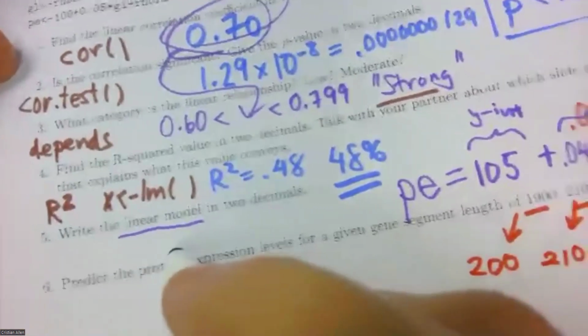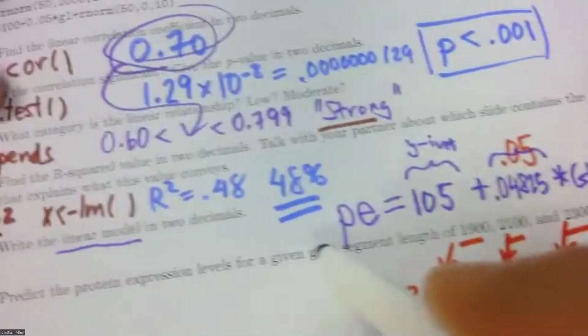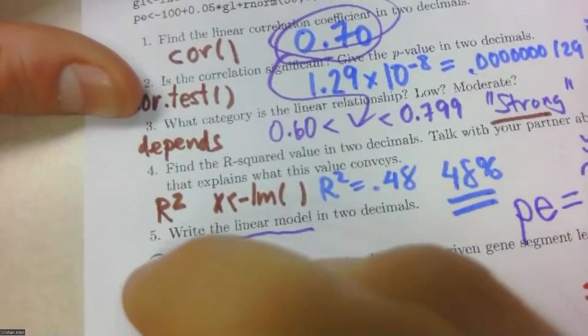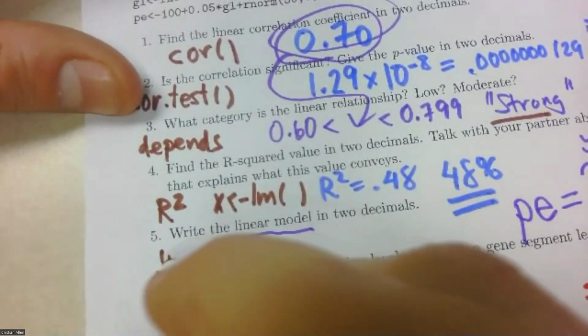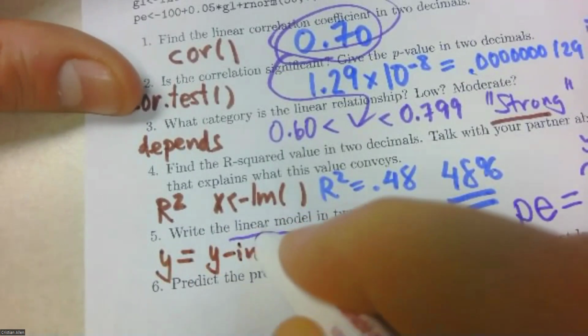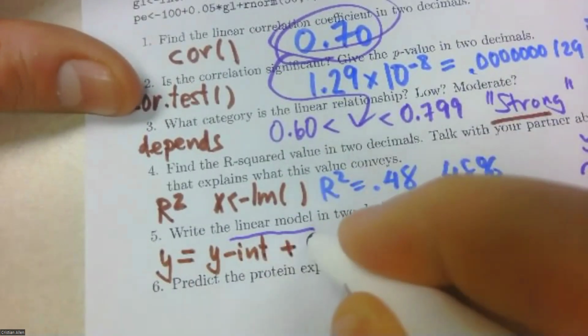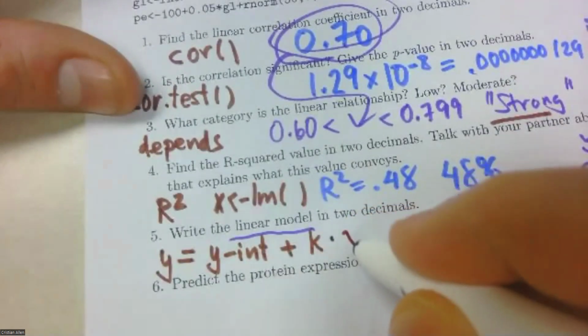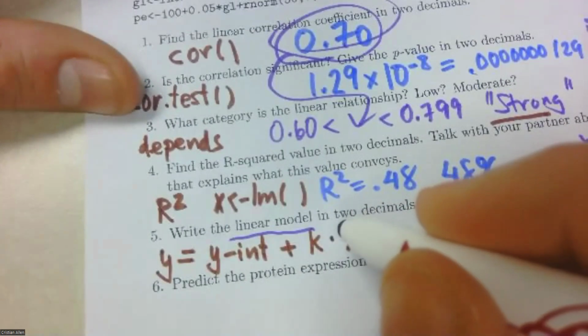Then the linear model, if you want to write it as an equation, you have basically a response variable, and then you have a y-intercept plus some sort of coefficient multiplied by your independent variable.